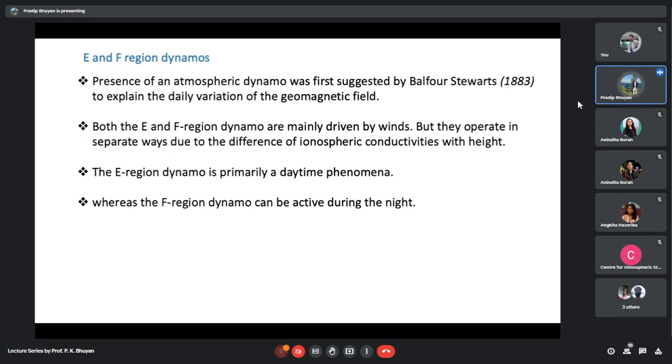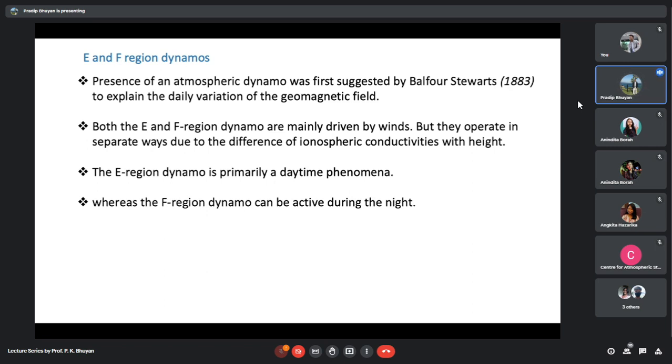But because conductivities are different, you have a different type of influence in the E and in the F region. In the E region, the same wind-driven dynamo will flow separately, or not similarly to what happens in the F region.